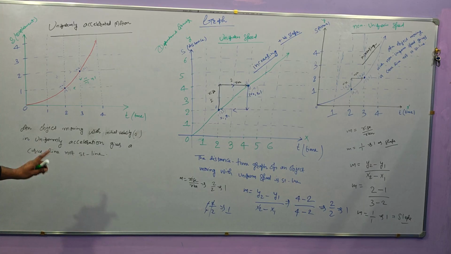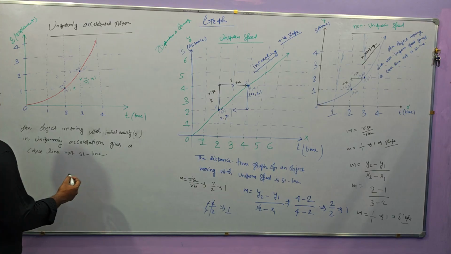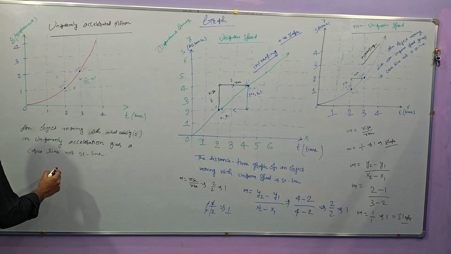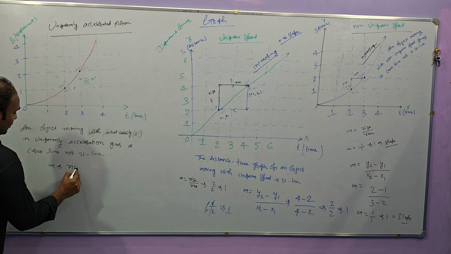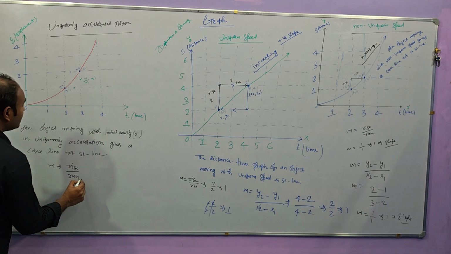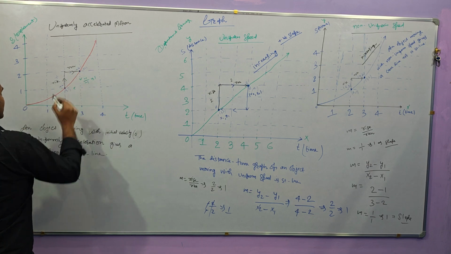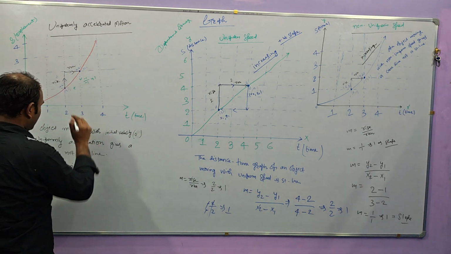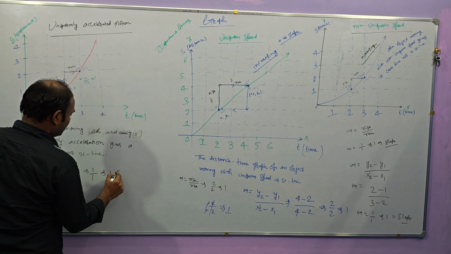In a similar way we can find the slope. m is equal to rise upon run. That is our rise and that is our run. So we have 1 unit for rise and 1 unit for run, so we have a slope of 1.